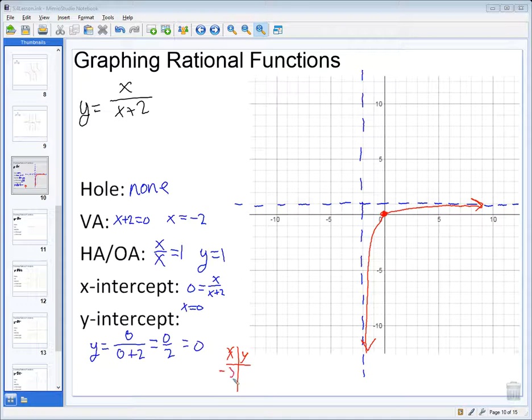If I plug in negative 3 to my function, that would give me negative 3 over negative 3 plus 2, which is negative 3 over negative 1, so I get 3. I plugged in a negative 3, I got an answer of 3, which means my function is up here like we thought it would be, and it curves close to both of those asymptotes.